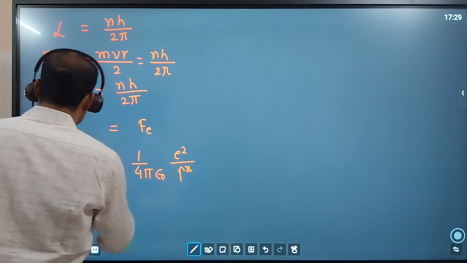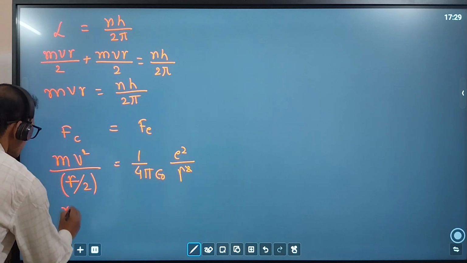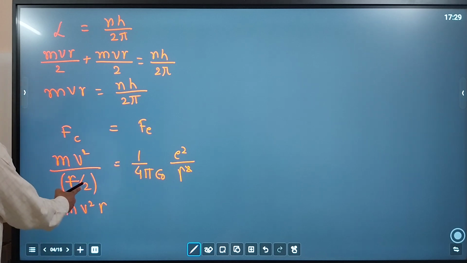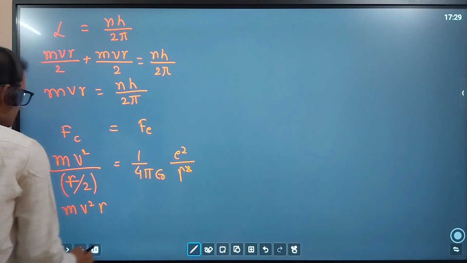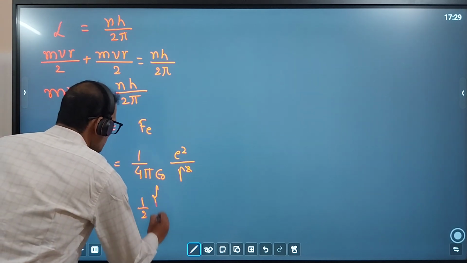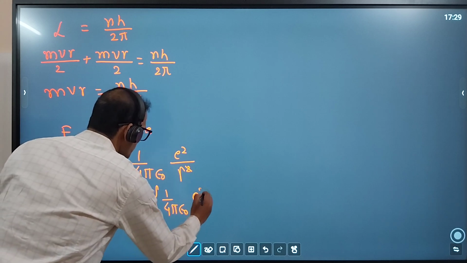One of the r will cancel out, and we will get this equation: mv square r, this 1 by 2 will go that side, and it will become 1 by 2, 1 by 4 pi epsilon naught e square.